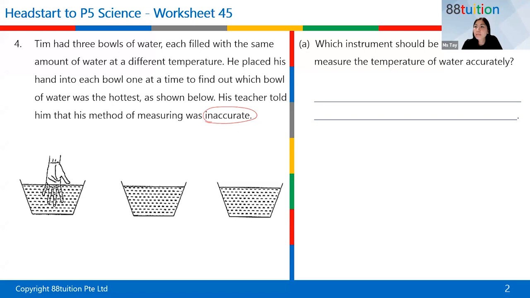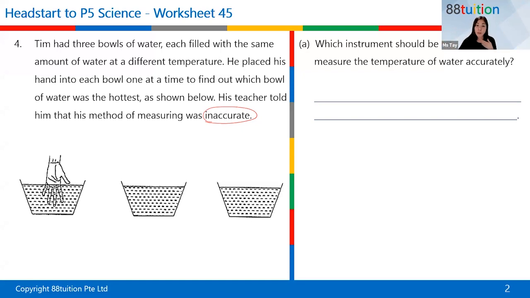All right. So I'm waiting for your responses. Why inaccurate? How come I cannot use my hand to touch the different containers of water? Because I just want to find out which one is the hottest, right? Why can't I put my hand?